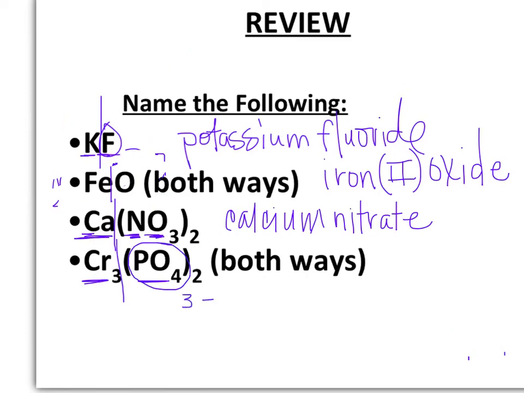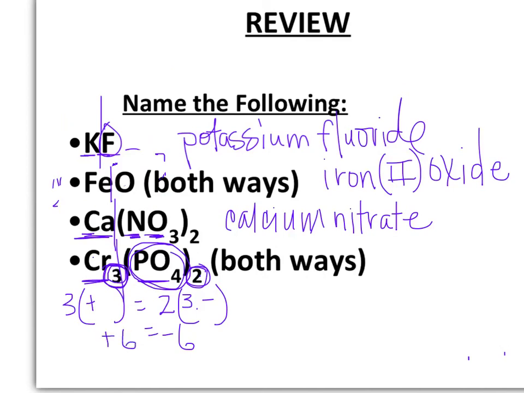And so if there are 3 chromiums and 2 phosphates, look at it this way. So we have 3 chromium, and it has a plus charge, and we don't know what it is yet, is equal but opposite to 2 3-. Okay, so you have 3 chromium and you have 2 phosphates right here. So 2 times 3 is 6, so there's a -6 charge on the anion side, and therefore there must be a +6 on this side.